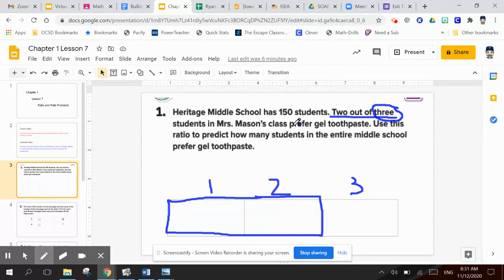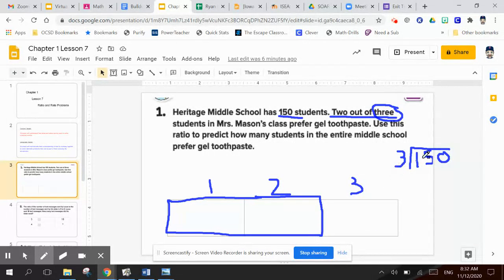So what we need to do is look at the 150 students that were surveyed. So in order to do this, I have 3 total boxes. So I'm going to divide 150 by 3. And by doing this, it sets up for how much is in one of my boxes.